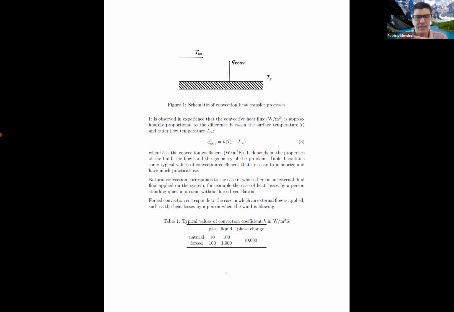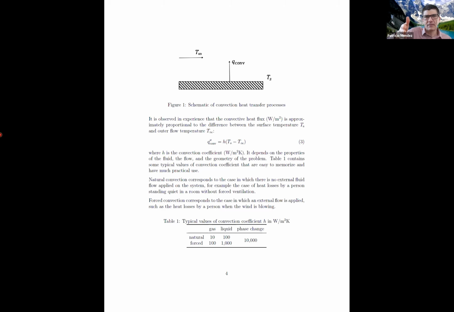One is called natural convection. That is convection that happens because the fluid is moving due to buoyancy forces. For example, the air that is moving on top of a bonfire, right, that makes you see things blurry, that air is going up, but nobody's forcing it to go up. It's just that that air is hot and wants to move up. So if you're at home now and you put your hand just like me, your hand is at 37 degrees, give or take.